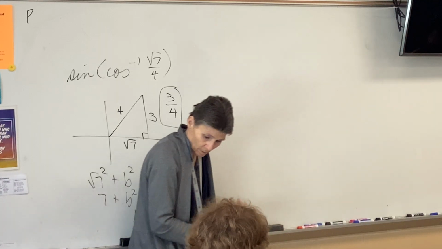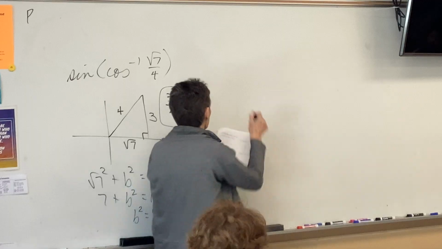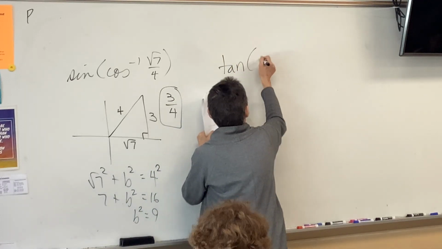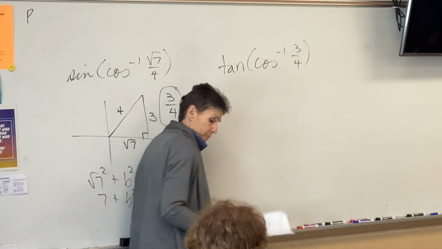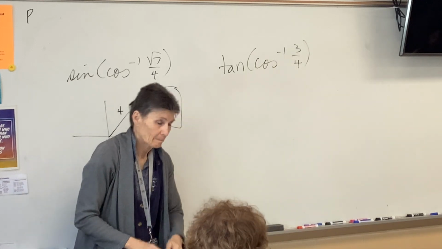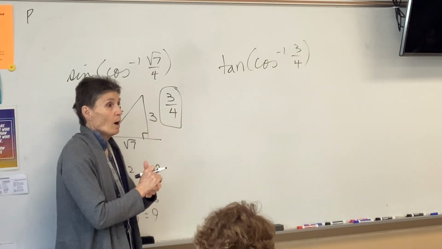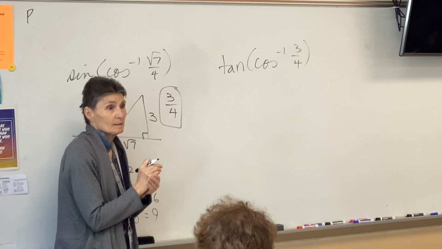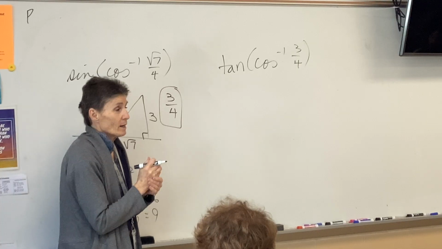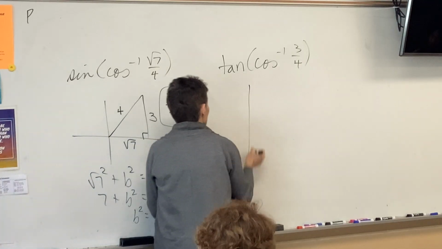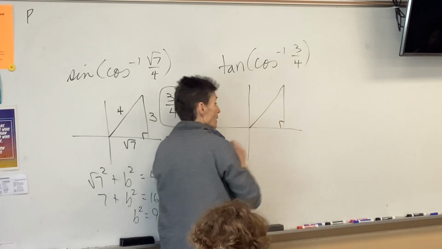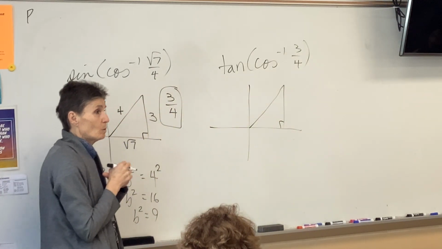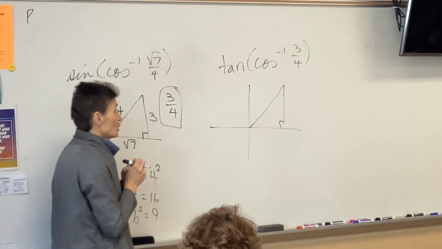All right, one more of those. Step 1, draw a picture. Where will my triangle be located? First quadrant, that's a positive number. We love positive numbers because they're in quadrant 1.